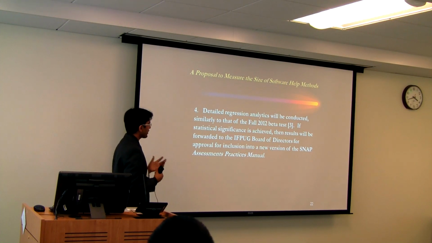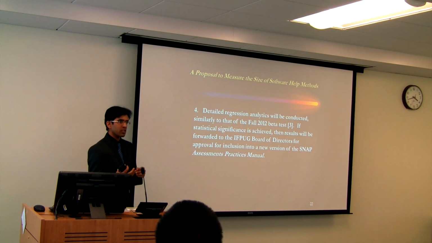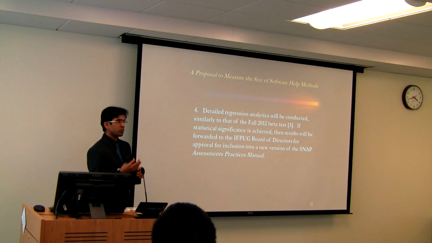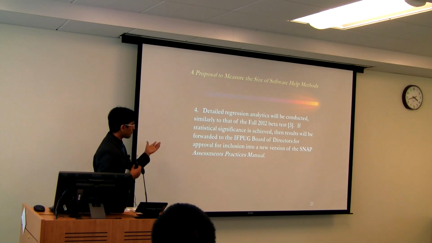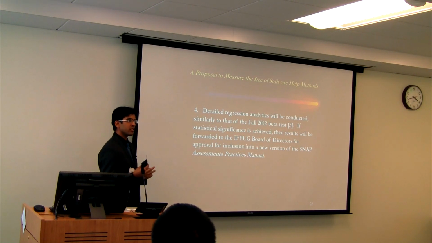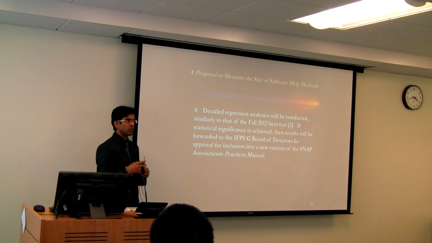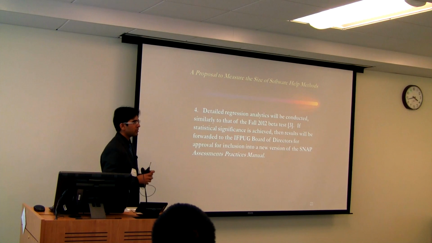The IFPUG board of directors needs to accept these results. Once they accept them, they are going to put them in the SNAP assessment manual. Once this standard is in the SNAP assessment manual, it is used by all companies for counting their SNAP points, and they are going to derive the cost of their software better than previously.